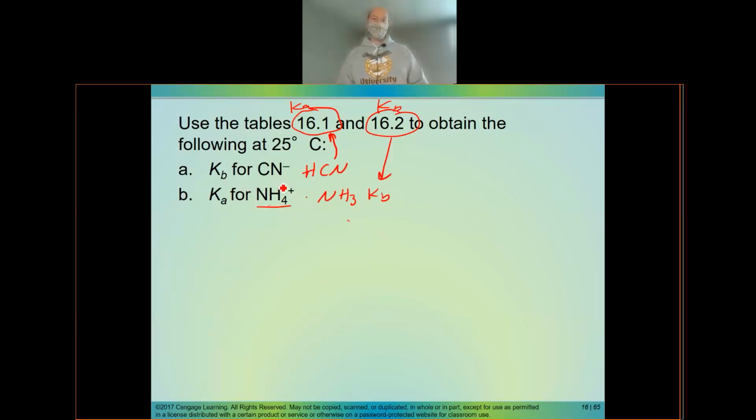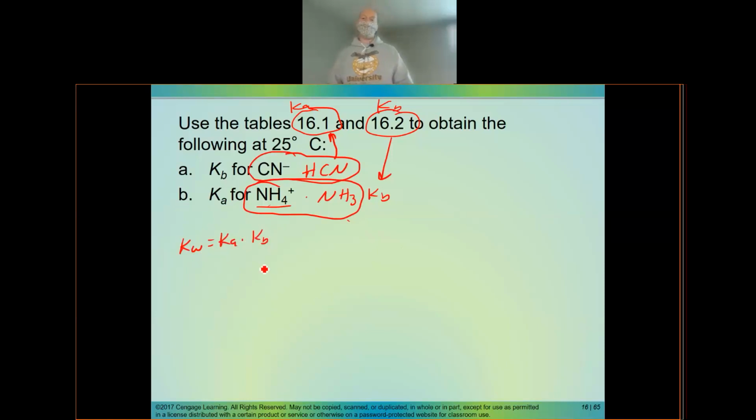Again, they have to be conjugates. They have to differ by 1 H. The only time that your Kw is equal to the Ka times the Kb is when you have a conjugate acid-base system.